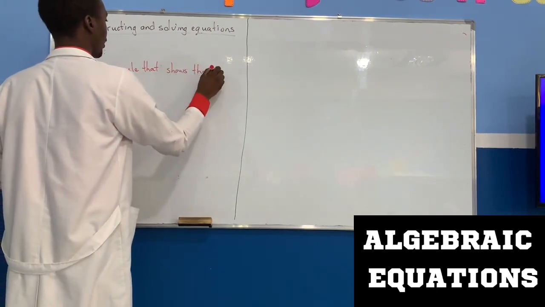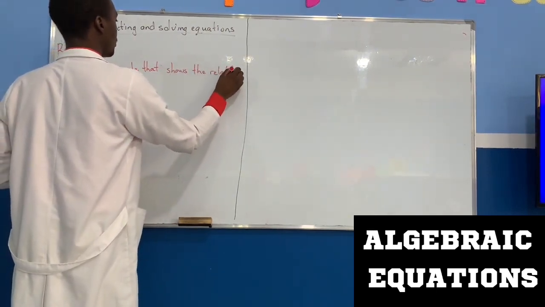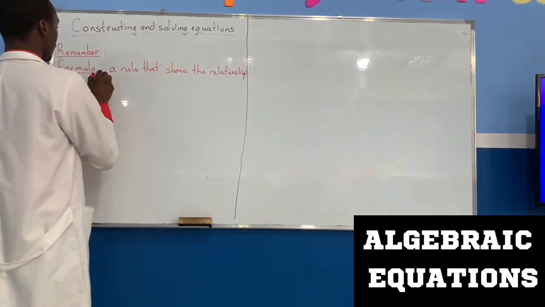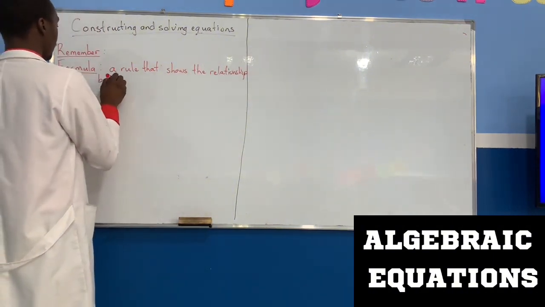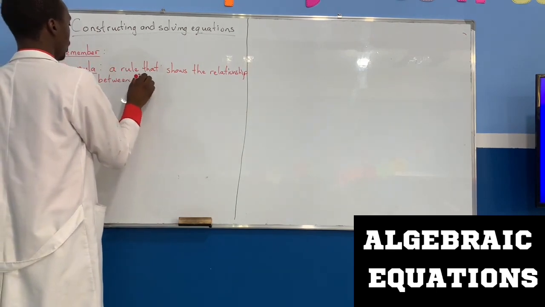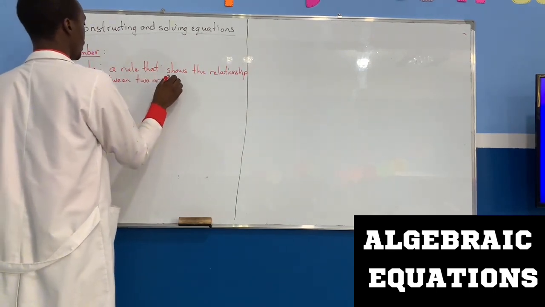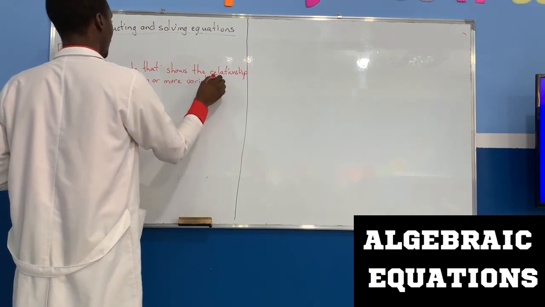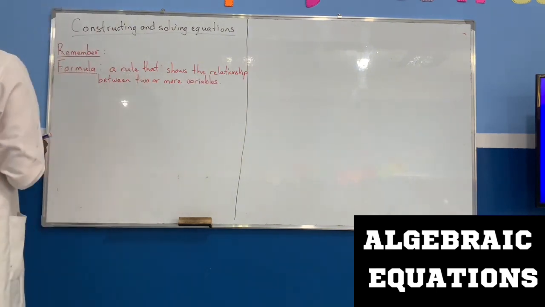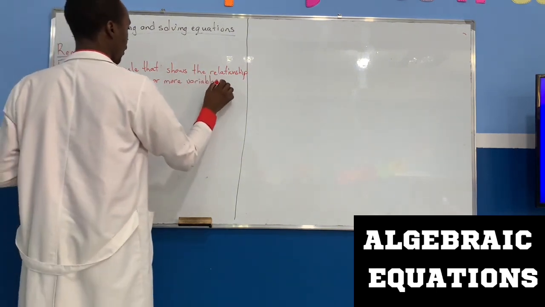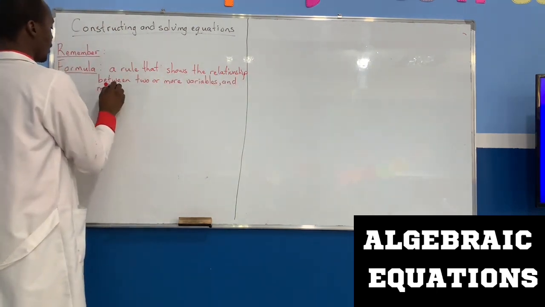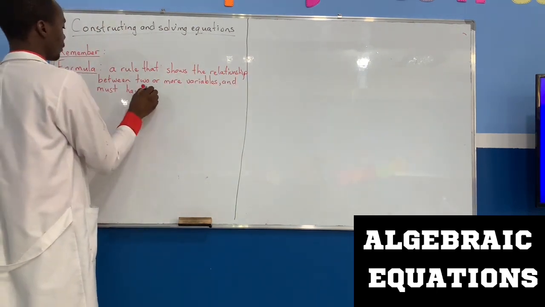A formula is a rule which shows the relationship between two or more variables or unknowns or quantities. It must have an equal sign. So this shows that you have a formula.